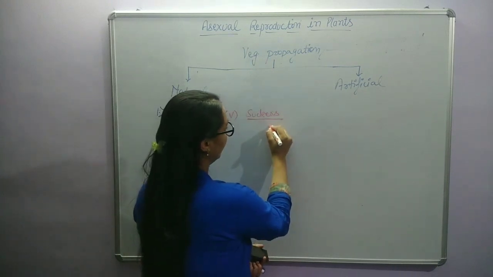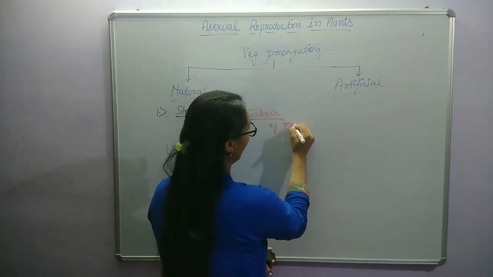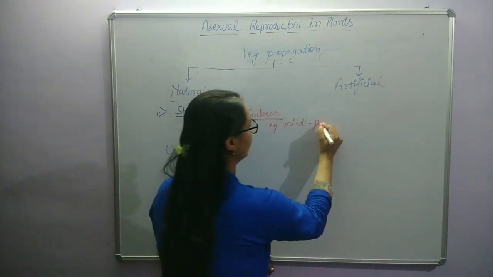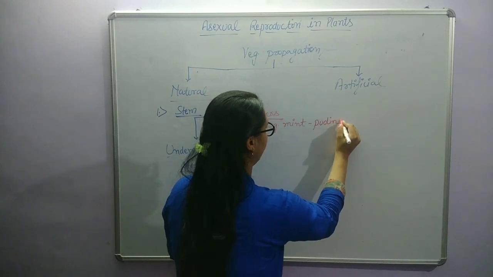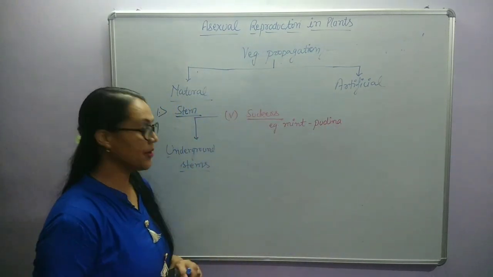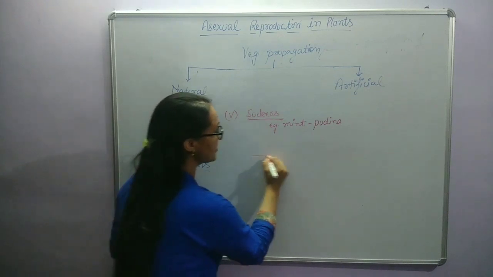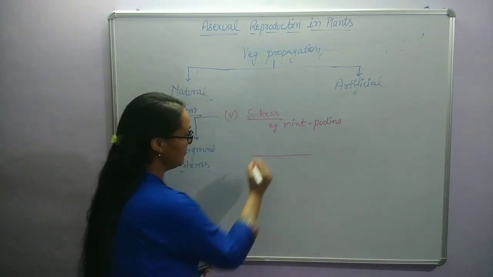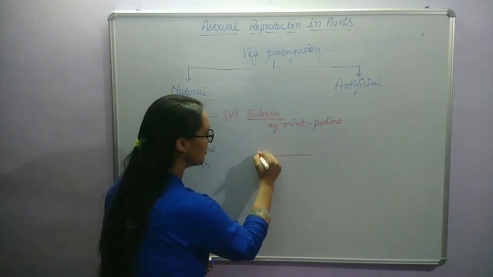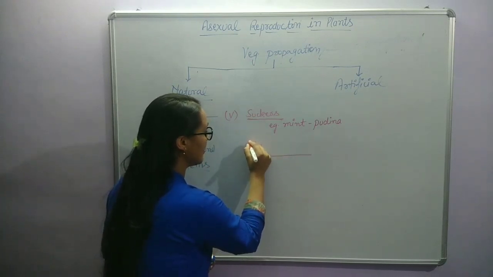So in sucker we will take up the example of mint, that is pudina. In this type of stem, how does vegetative propagation take place? Suppose this is the ground level, this is a stem, these are the roots, and this is the shoot.